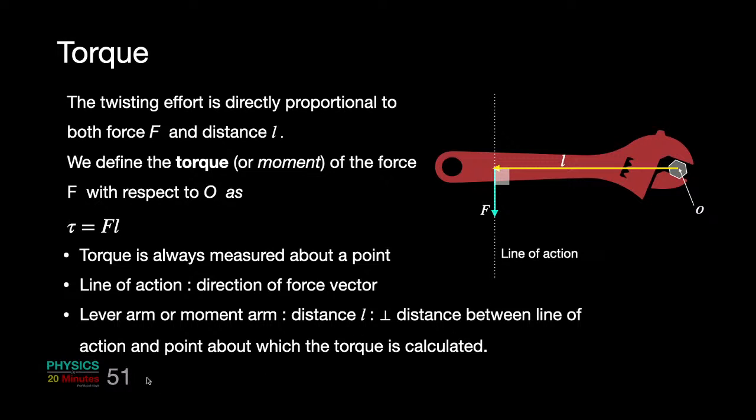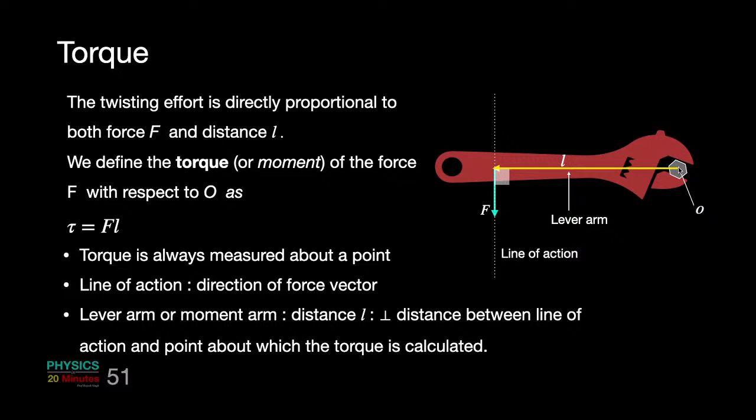Then another concept that you often hear is the concept of lever arm or moment arm. The moment arm in my diagram is this distance L. It is the perpendicular distance between the line of action and the point about which the torque is calculated. So this is my line of action.